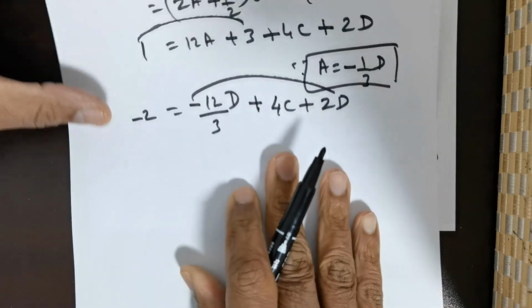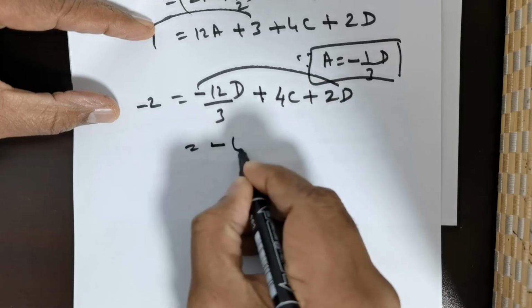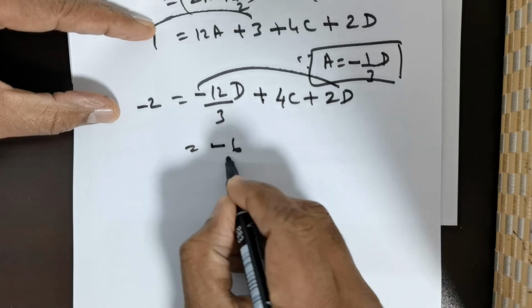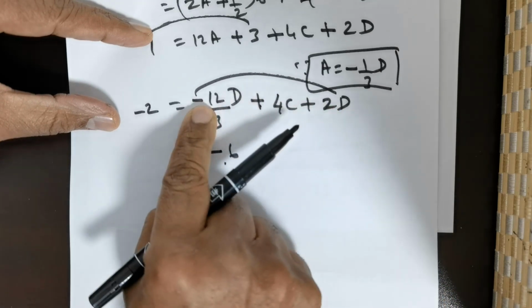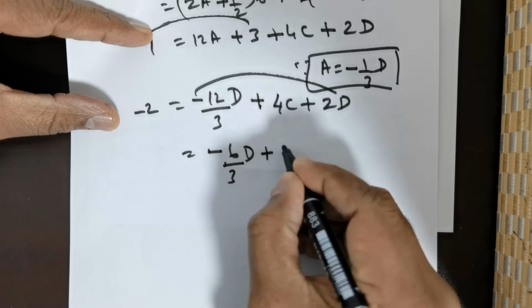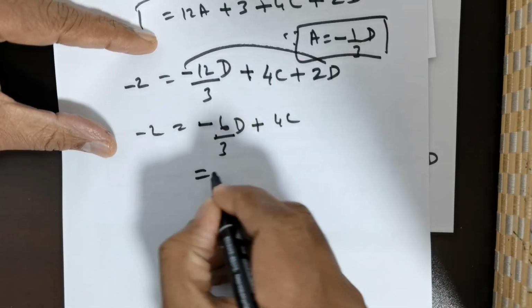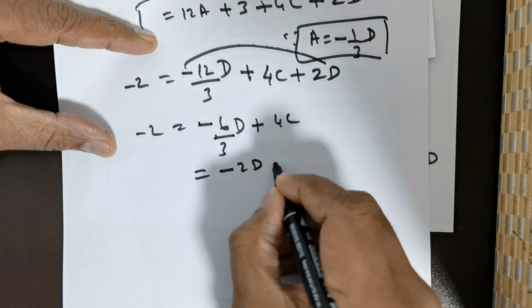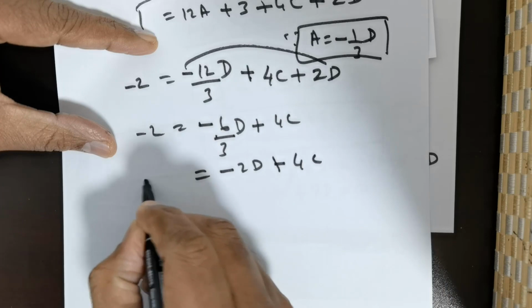So these two can be added, and that is going to give me 6 and negative 6 over 3, right? You get a 6 here, and you add a 6 with this, you get a negative 6 divided by 3 times d positive 4 times c is equal to negative 2. So you have negative 2 times d positive 4 times c is equal to negative 2.